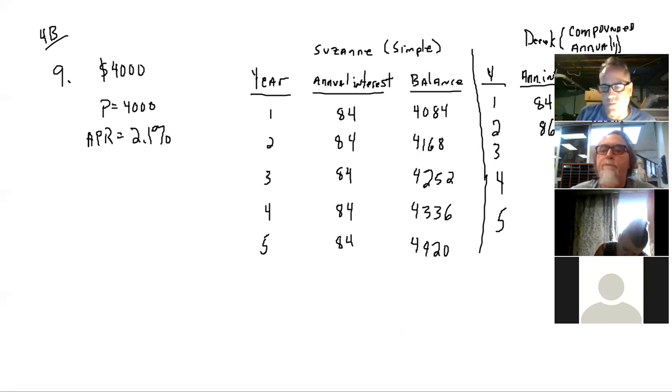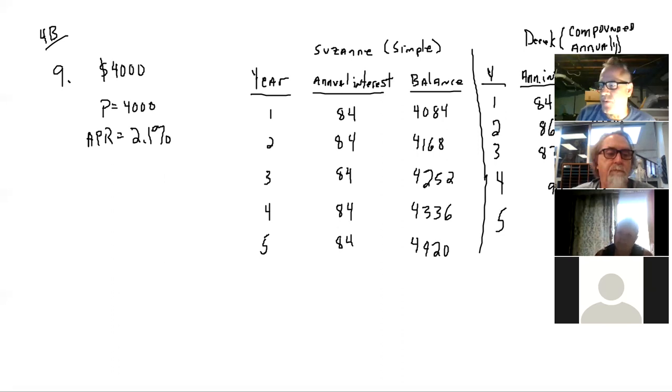And then 4,257. Then the fourth year, times 0.021, you would have $90 of interest, 4,347. And then the last year, you would have earned $91 of interest.